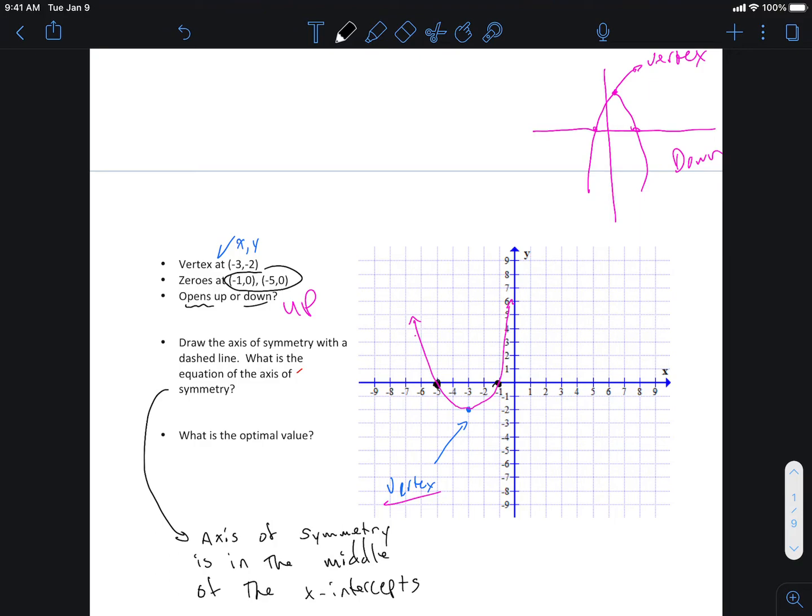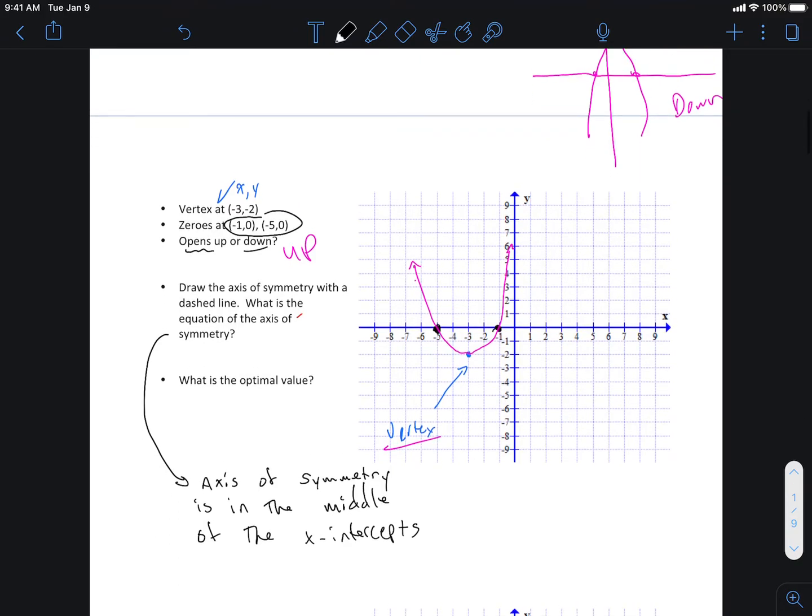The axis of symmetry is right in the middle of the two x-intercepts. Supposing you did not have any information on the vertex like you do in this question, pretend you couldn't use it to your advantage. You can find the axis of symmetry by finding the middle of this value and this one. Where's the middle of those two values?